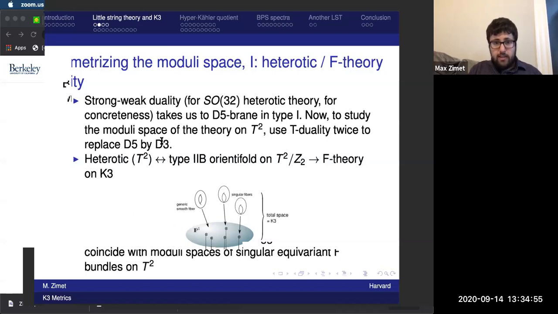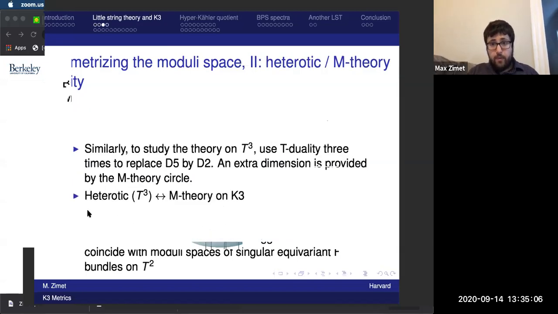And our heterotic 5-brane is just a D3 brane probing this configuration. So its moduli space is the CP1 of the base of that F-theory compactification. Okay, and then we can use the exact same approach to study the moduli space of the little string theory compactified on T3. So now we just use T-duality 3 times to replace the D5 brane by a D2 brane.